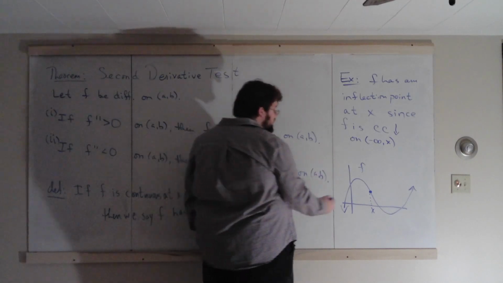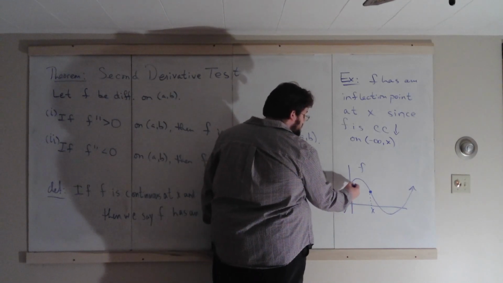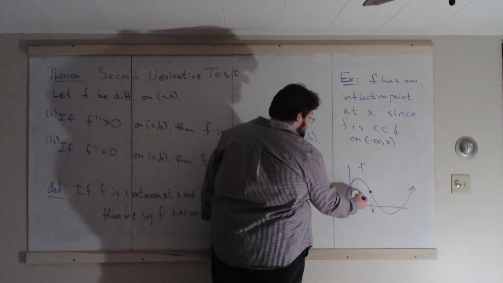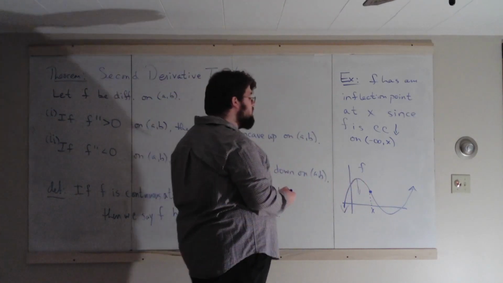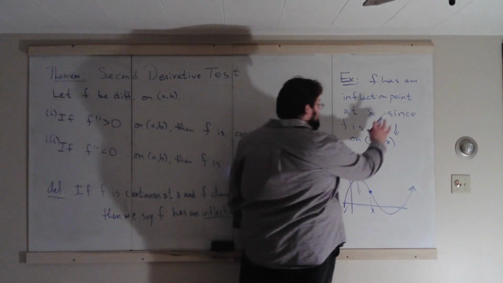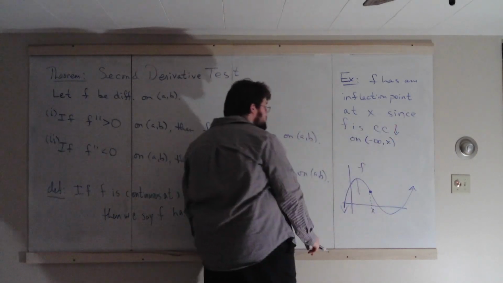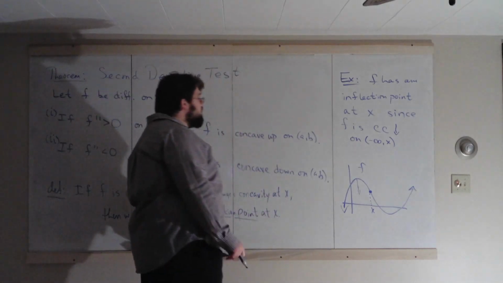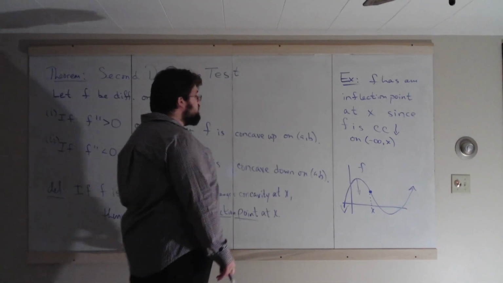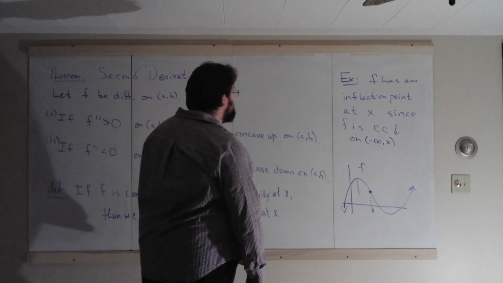on negative infinity to x, we have a piece of a curve that looks like this. So its caved portion is pointing downward. So f is concave down on this interval, negative infinity to x, and concave up and down are large words, so we'll abbreviate this CC with an arrow for up versus down.